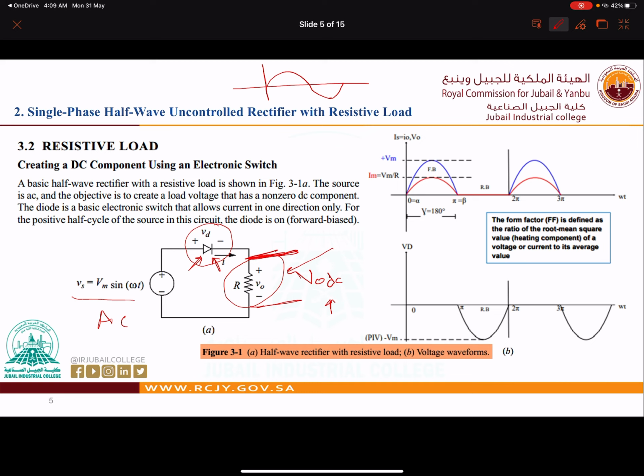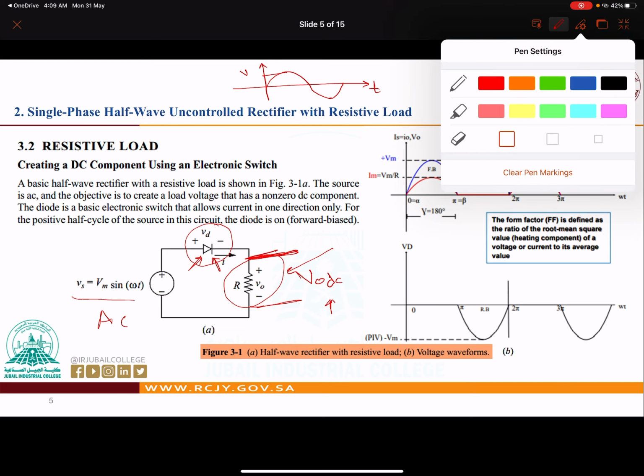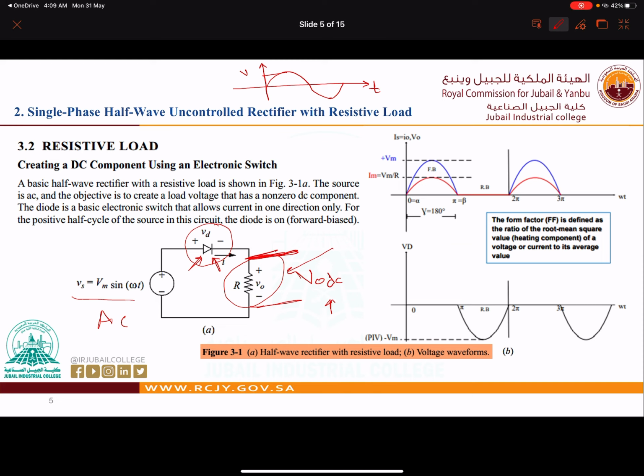This is our voltage, and here is time. For the first part, let me introduce you to the AC supply here. The AC supply has a positive cycle and a negative cycle, right?